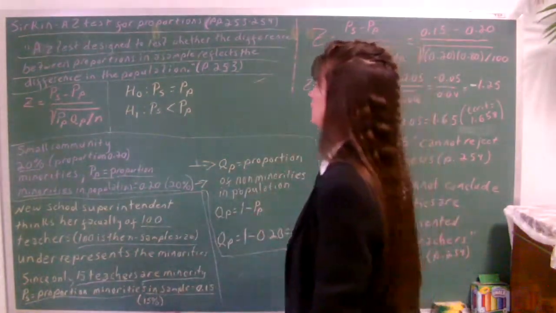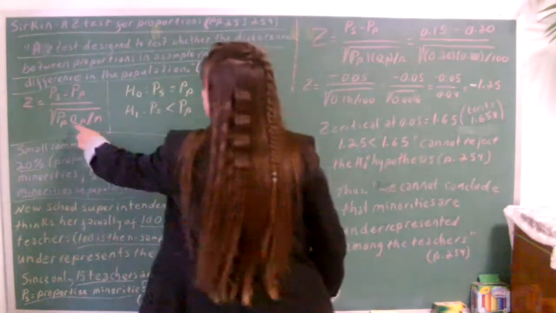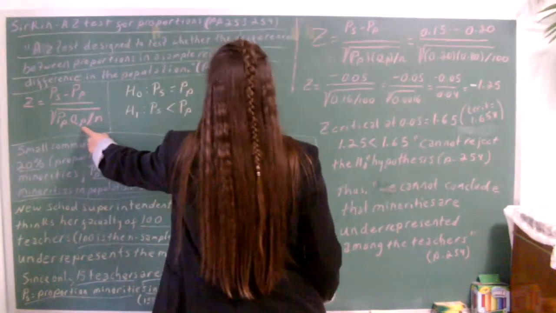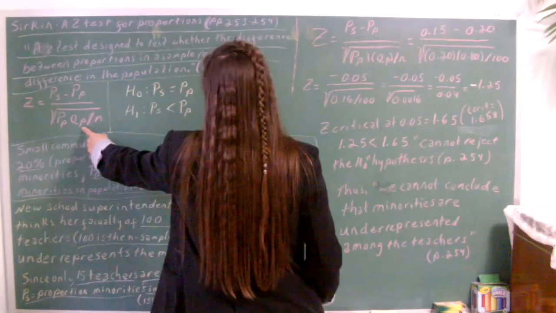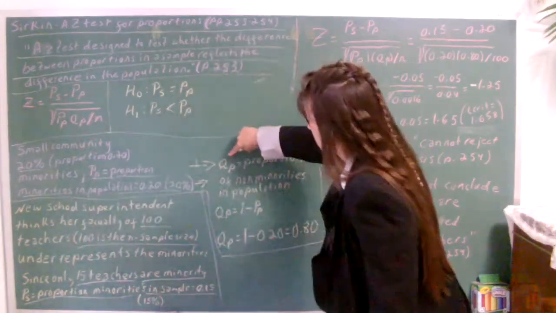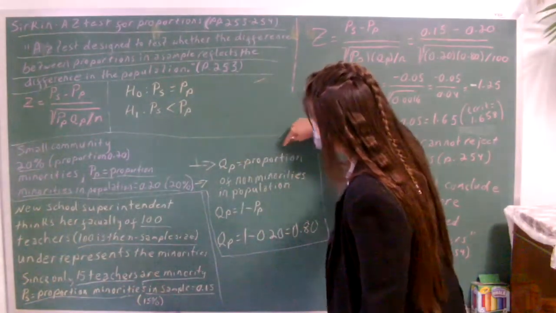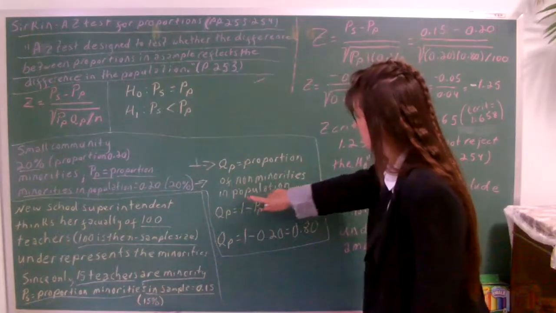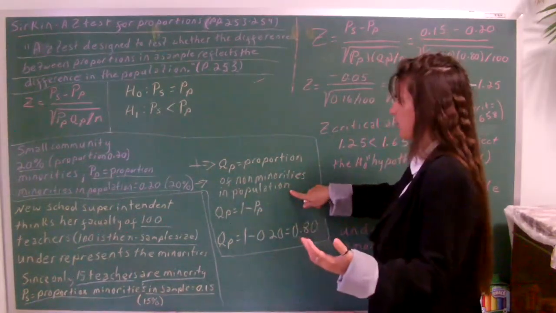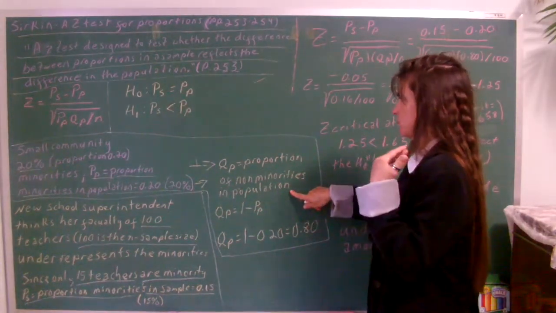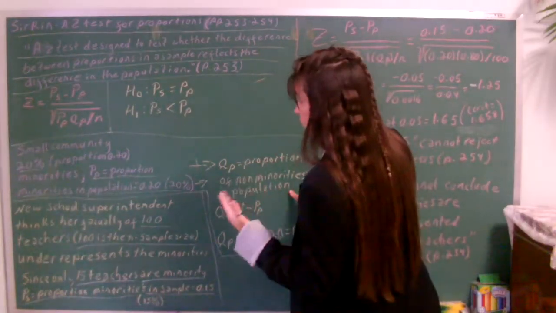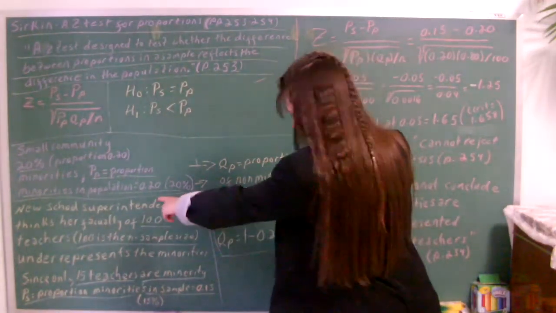We only have one more thing to figure out: q subscript p, p for population. Q subscript p equals the proportion of non-minorities in the population. How do you figure that out? Well, we know the proportion of minorities is 0.20.